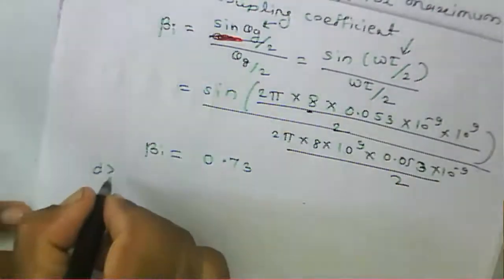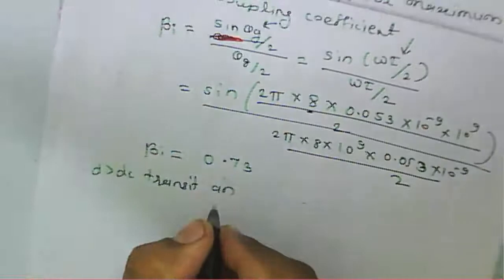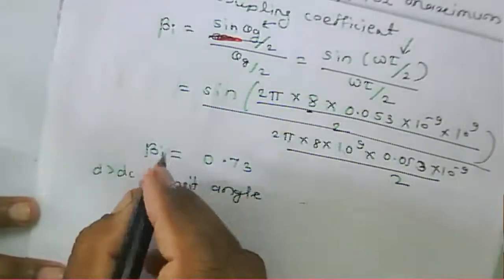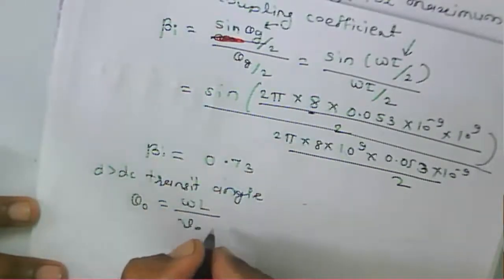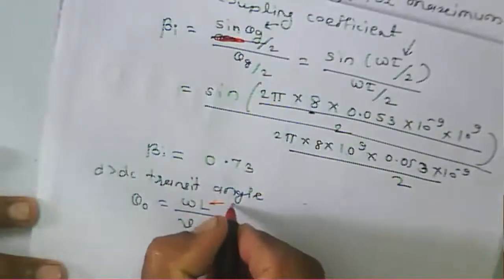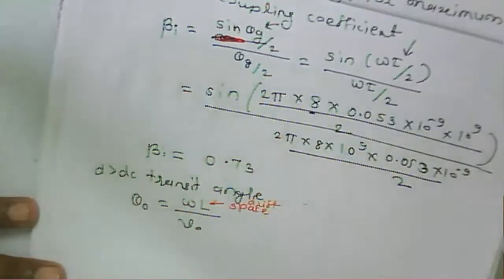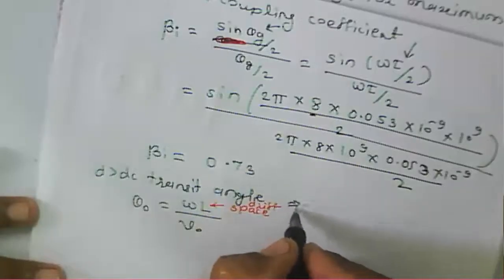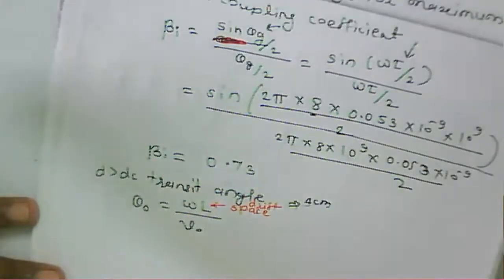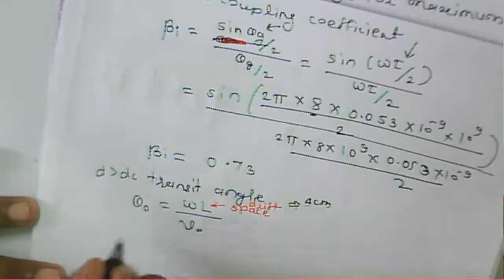Next is the DC transit angle. Theta 0 is equal to omega L by V0, where L is the length, the drift space, which is given as 4 centimeters. Omega is 2 pi f, and V0 is the electron velocity.